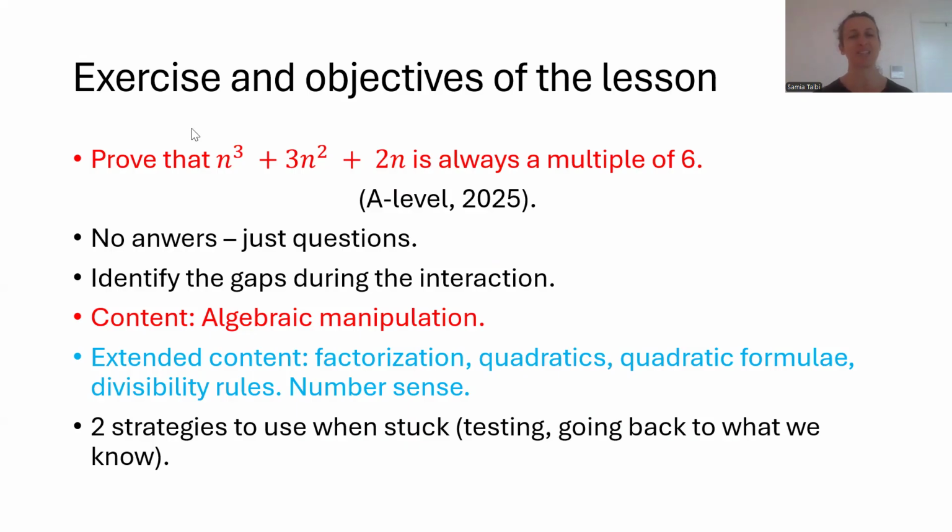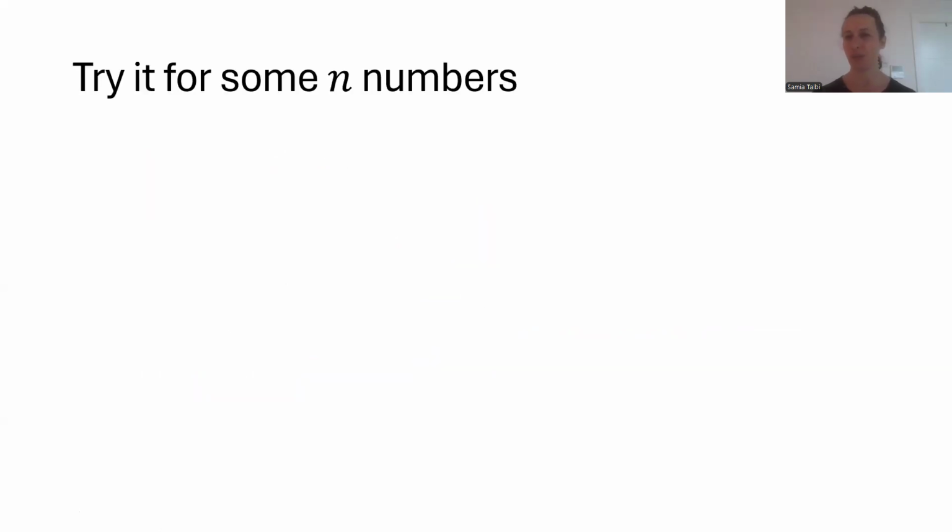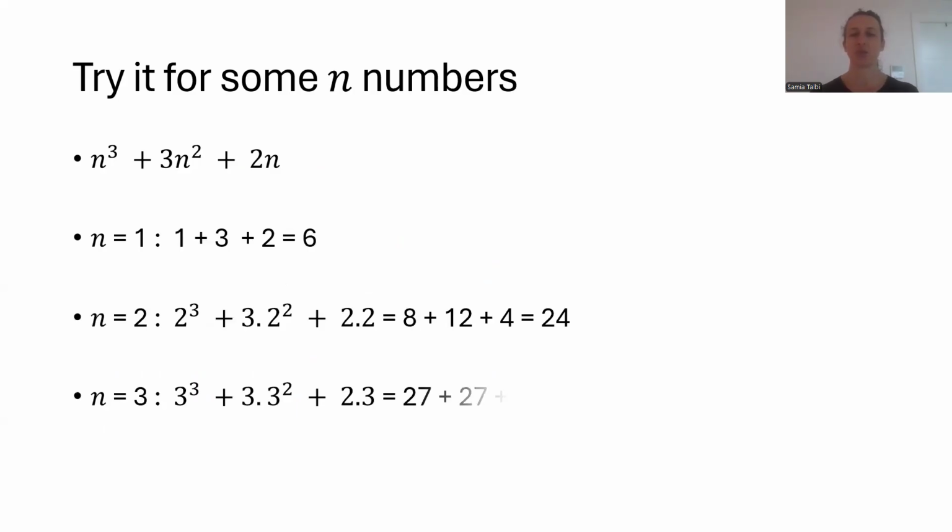This is an abstract expression, and maybe the first thing to do is just try it for a few n values. How about if you plug in n equals 1, n equals 2, and n equals 3 to see that your expression returns a multiple of 6.